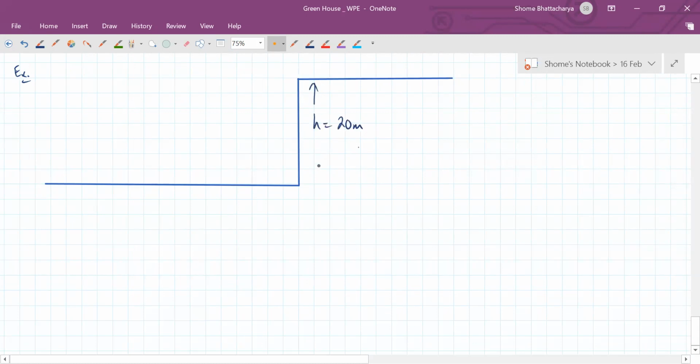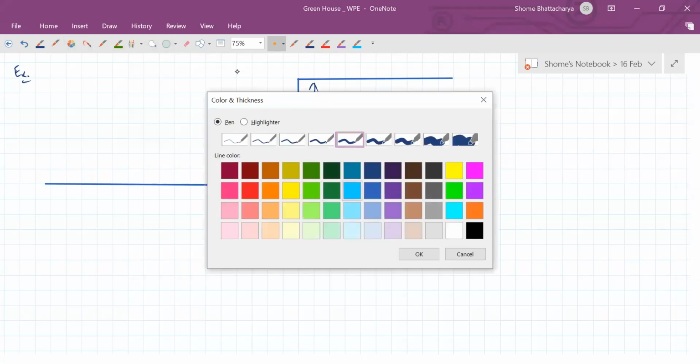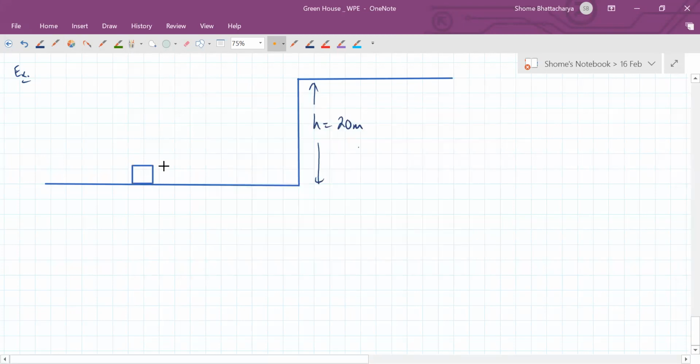Suppose it's 20 meters or something. Now we take a block of a given mass and we just shift it from position A to position B by some kind of path. I don't even know what path we take. Some external agent just lifts this block.